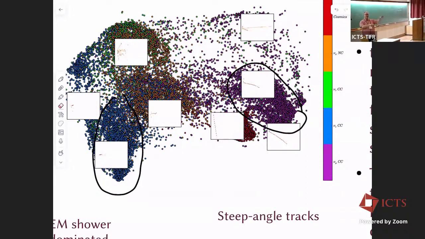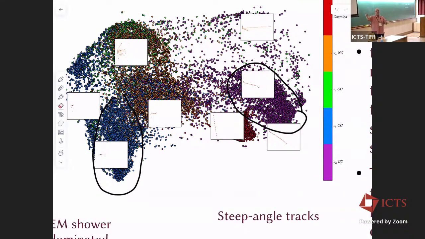There can be other stuff in there, right? So if you instead say, what's my selected sample? What fraction of the selected sample is the thing I actually want it to be? That's the purity, right? Your efficiency can be very, very high, and the purity can be very low. And actually, that tends to be how it is.